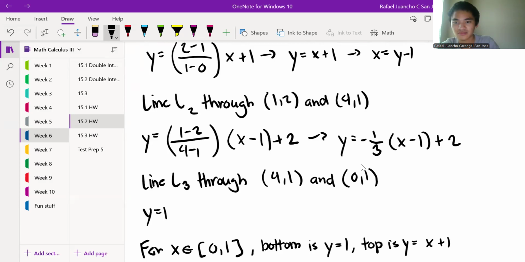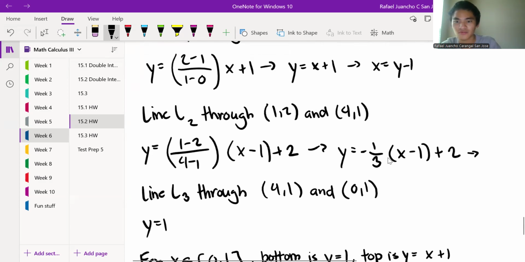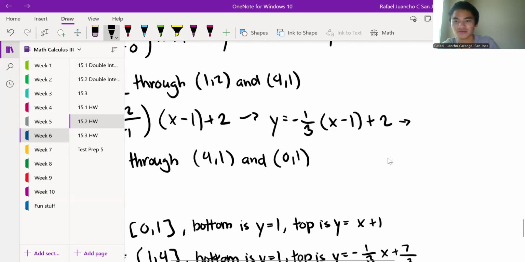And then this one, well, this is y equals negative 1/3 x plus 7/3. I could multiply by 3, right?